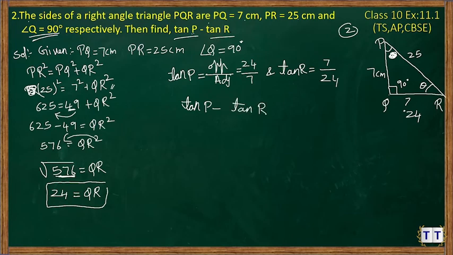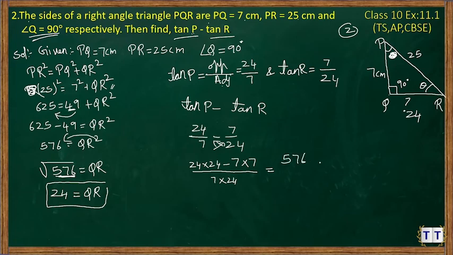Now we will find tan P minus tan R. Okay, sorry, R it is. So tan P is given as 24 by 7 minus 7 by 24. Okay, so as you know, you have to take the LCM first. So if you take the LCM, it will be 7 into 24, and I'm doing cross multiplication, so it will be 24 into 24 minus 7 into 7. So 24 into 24 is 576 minus 49, by 7 into 24.